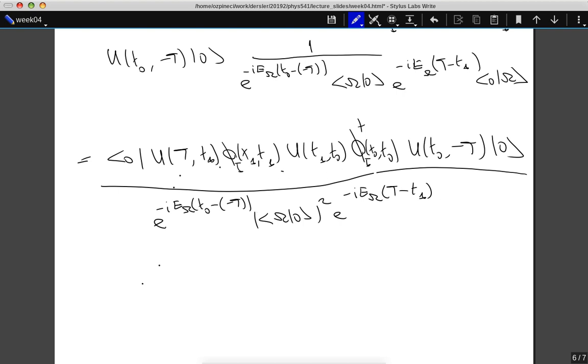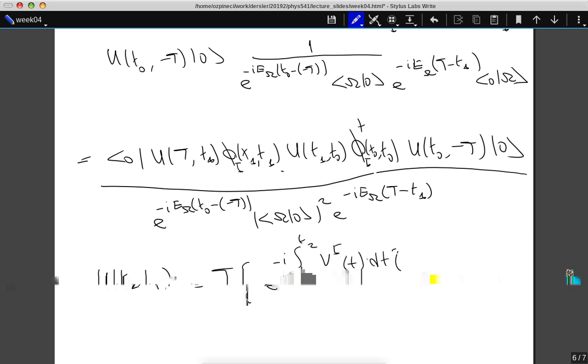And remember this U(t1, t2). This was defined as the time-ordered product of e to the power minus i, integral from t1 to t2 of V in the interaction picture, t dt. So let's see. All the operators appearing in that operator, the evolution from minus T to t0, are at times between minus infinity and t0.